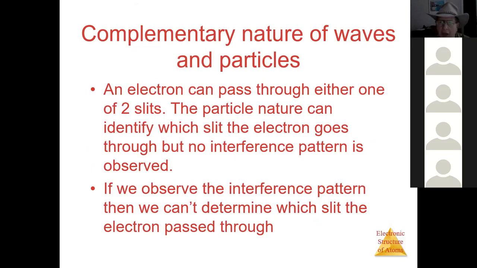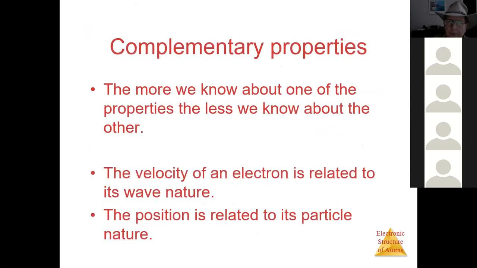On the other hand, if we're able to see the interference pattern, we can't determine which slit the electron passed through. In other words, the more we know about one of the properties, the less we know about the other. The velocity of an electron is related to its wave nature. Position is related to its particle nature.